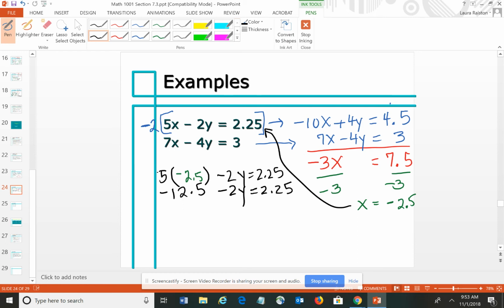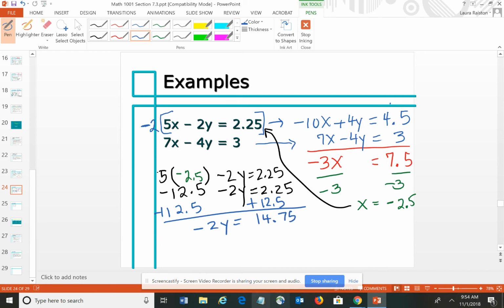Solving for y, I'm going to add 2.25 to either side. Let me change colors for you so you can see what I'm doing. Okay, so plus 12.5 plus 12.5. So we have -2y equals 14.75.